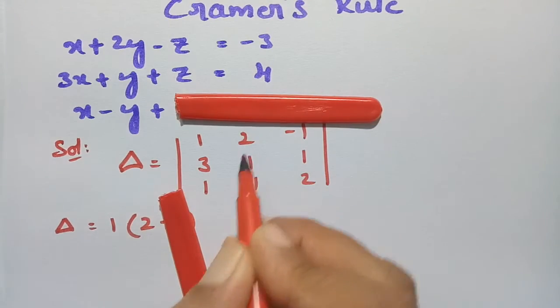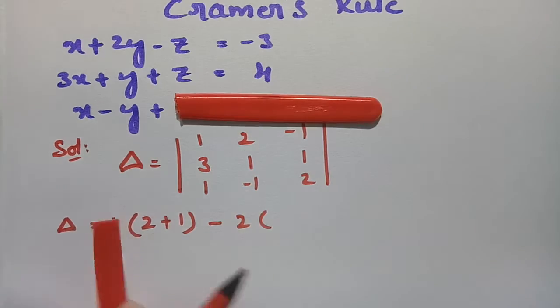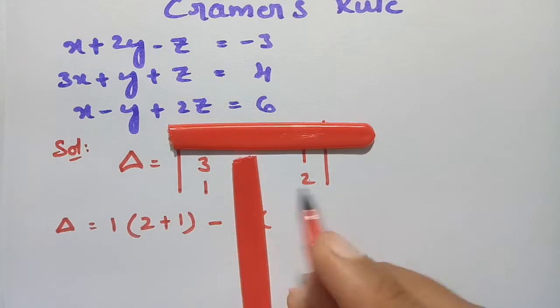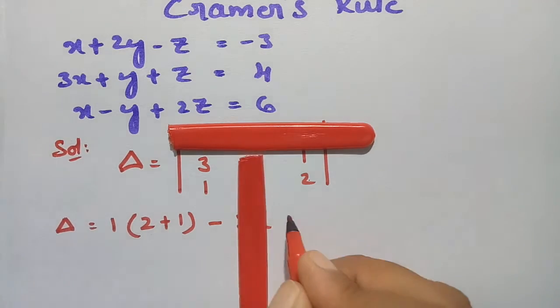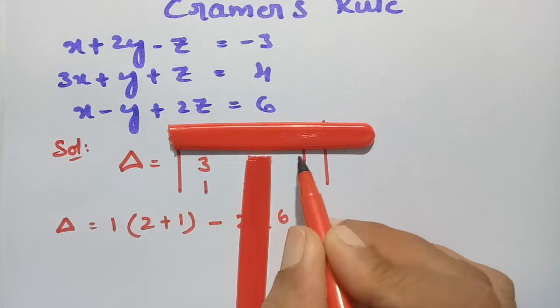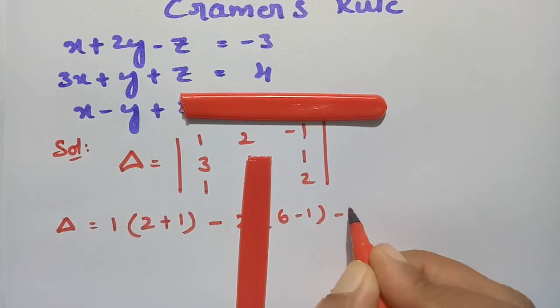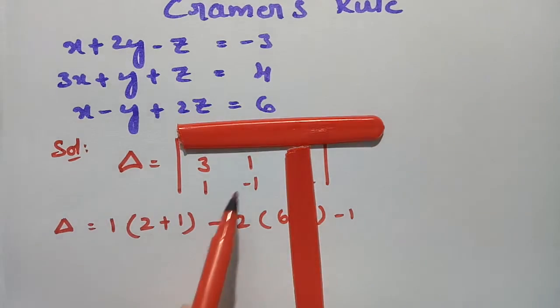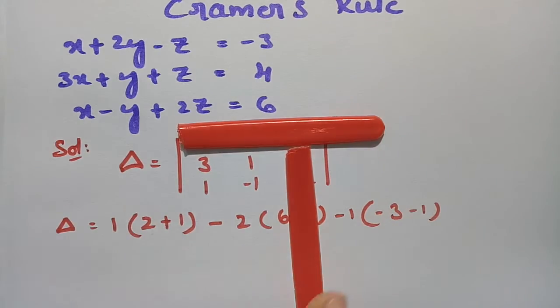The middle term is 2 times, we close the corresponding row as well as the column. 3 2s are 6, so this will be 6 minus 1 into 1 is 1, and the next one is minus 1 times, and if I close the corresponding row and column and multiply, this will be minus 3 minus 1.